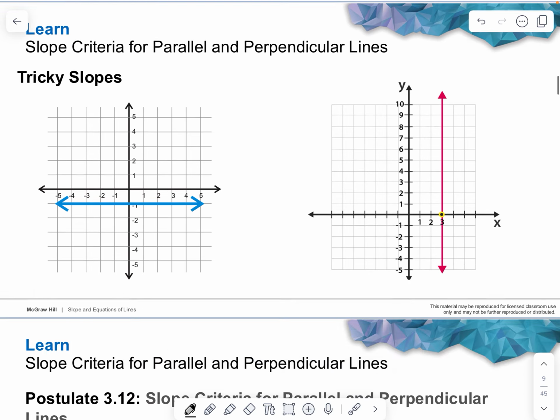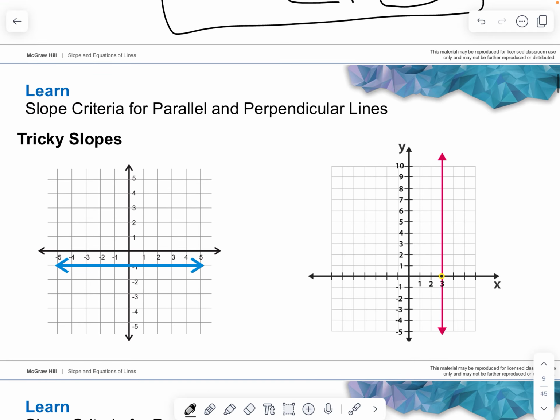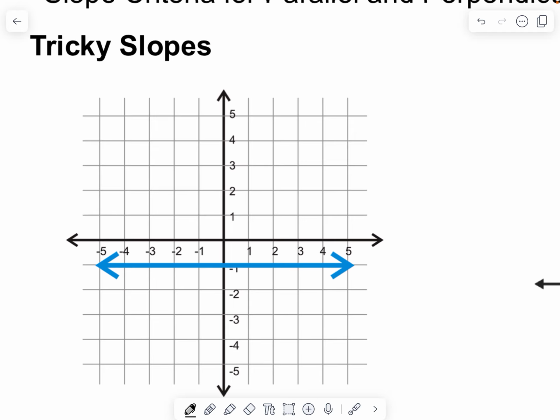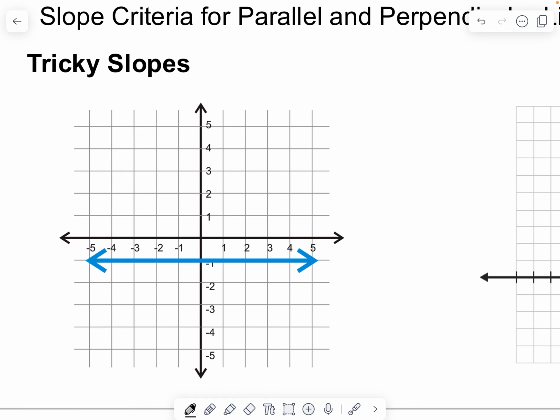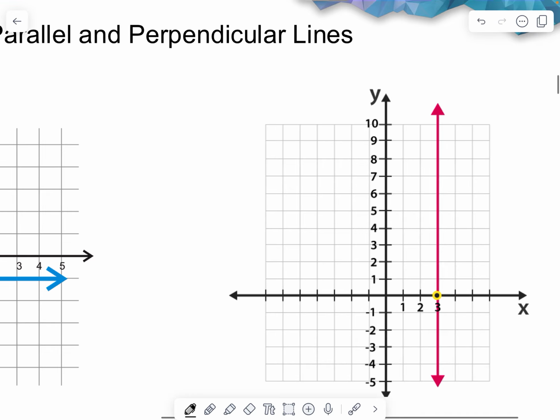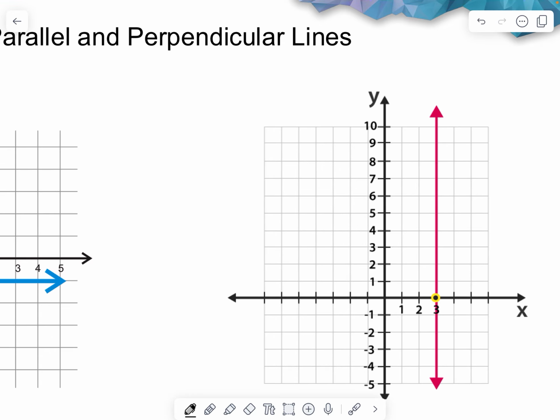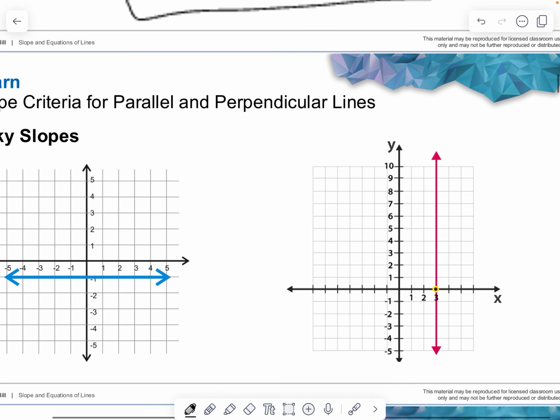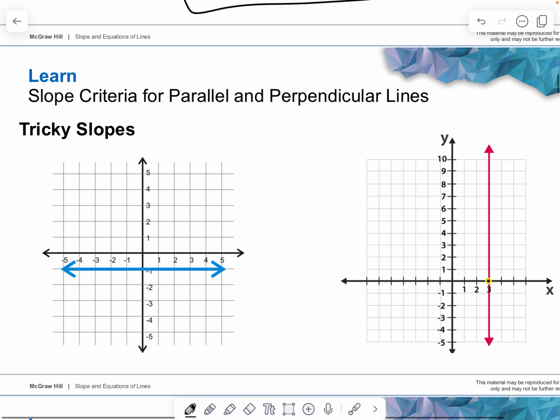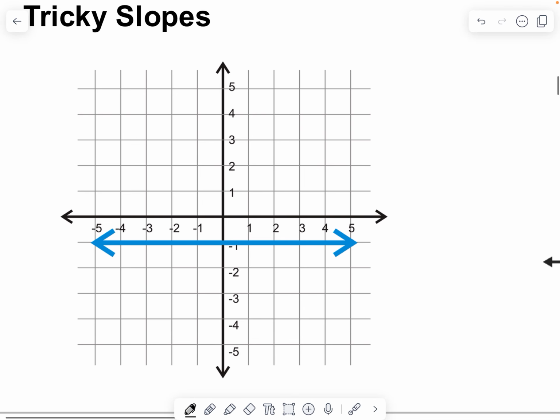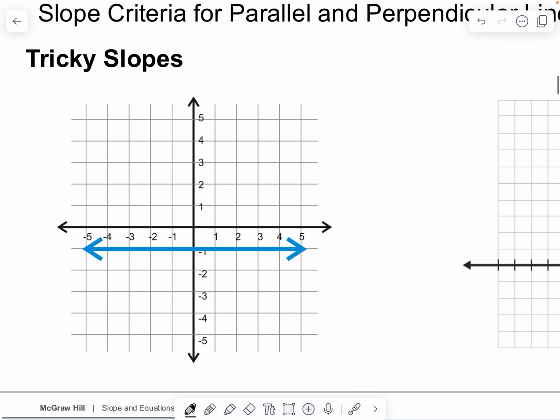Tricky slopes. These two are tricky: vertical and horizontal slopes. Which one is trickier, horizontal or vertical? Let's do this one.